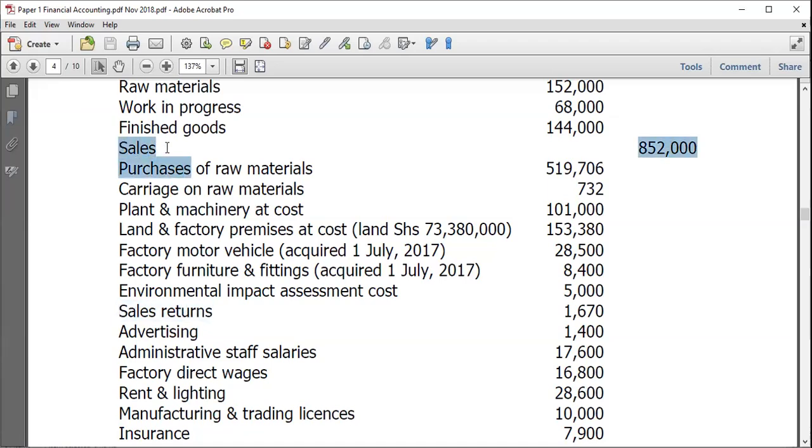They basically reduce your sales. So when you're starting your P&L, you adjust with your sales returns to get your net sales. Advertising falls under our selling and distribution costs. Administrative staff salaries are definitely under office and administration. This one is under selling and distribution. This is under office and administration.